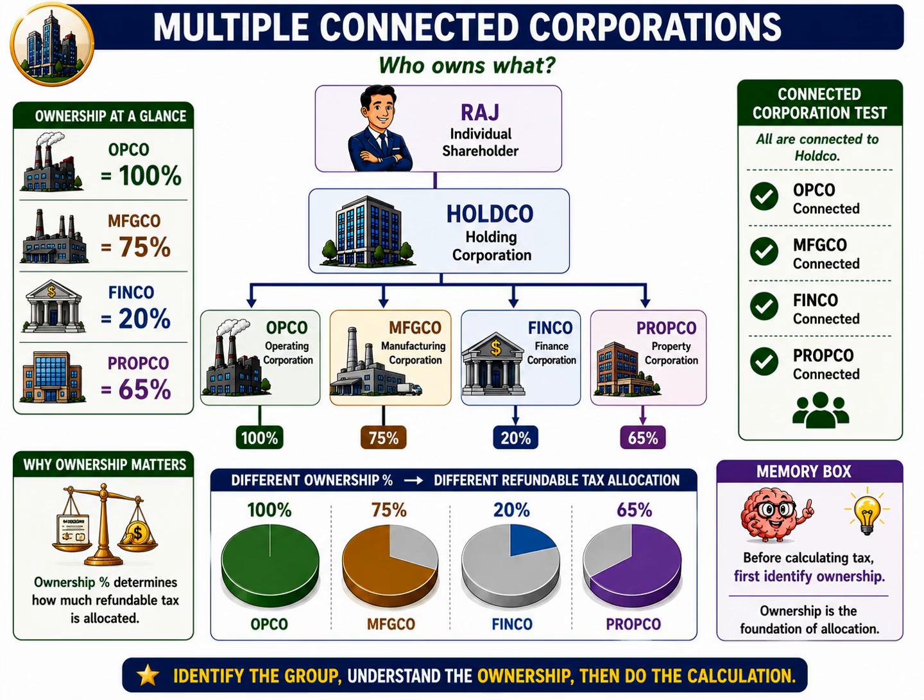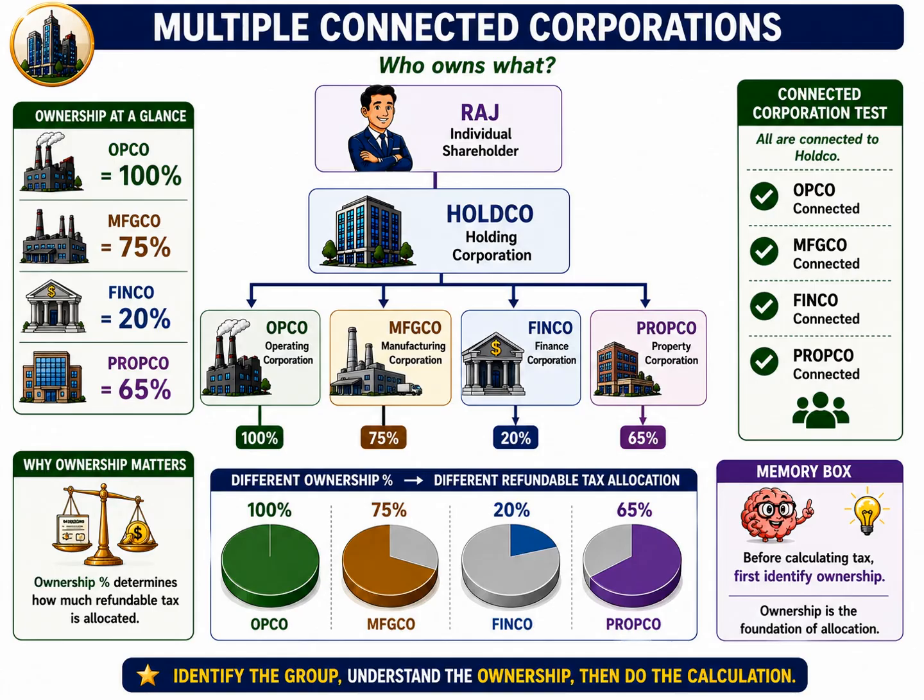Holdco also owns 20% of Finco, the finance corporation. Finally, Holdco owns 65% of PropCo, the property corporation. Notice that each corporation has a different ownership percentage, and that difference is going to become extremely important when we begin allocating refundable tax benefits.